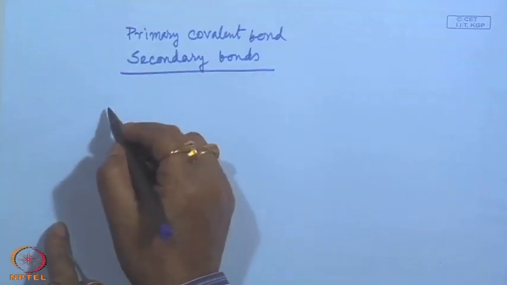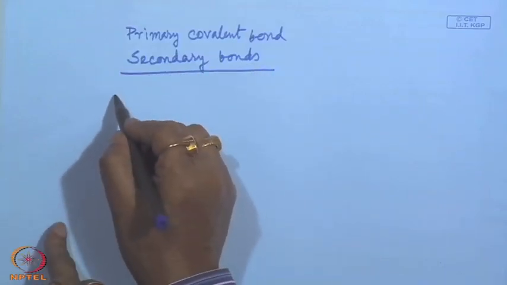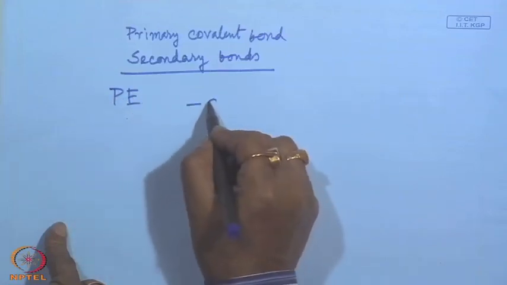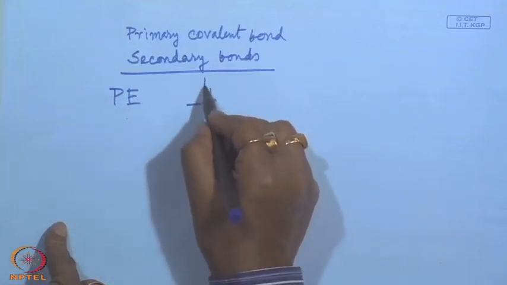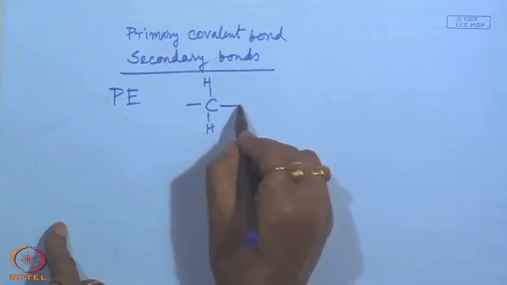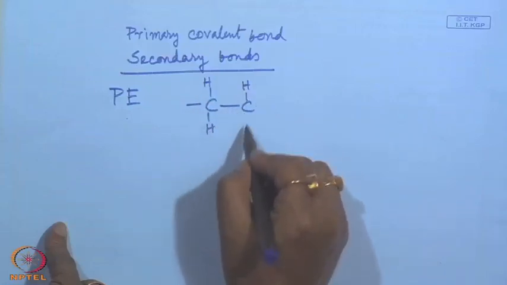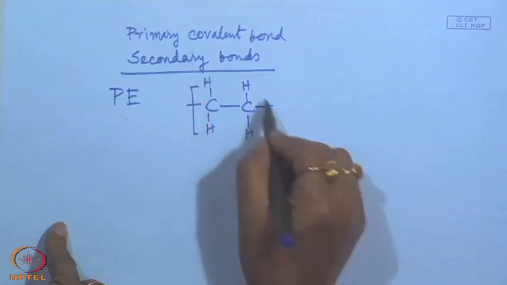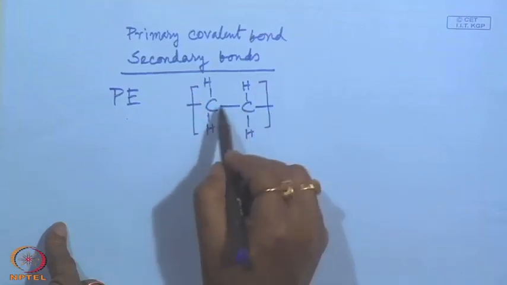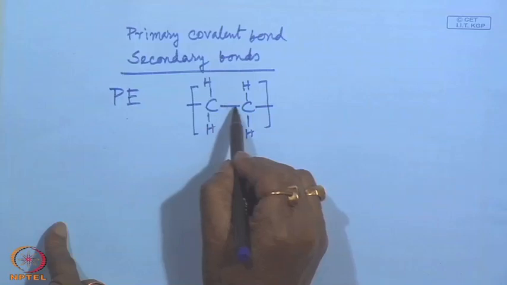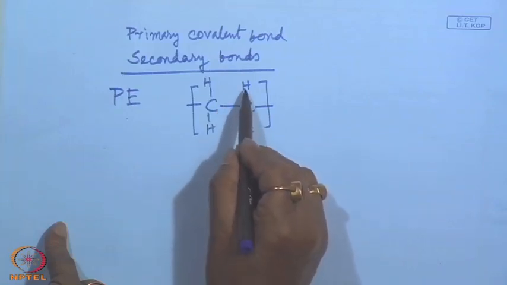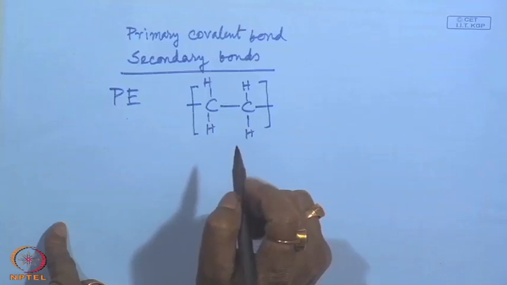It will be clear if we think of polyethylene, having this kind of bonding. This is the repeat unit of polyethylene. Here we find primary covalent bond between carbons, primary covalent bond between hydrogens.